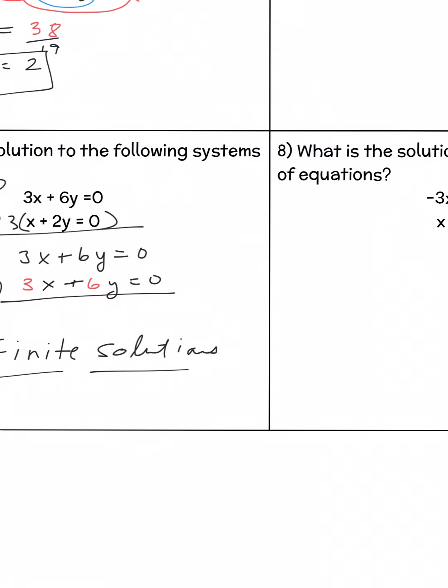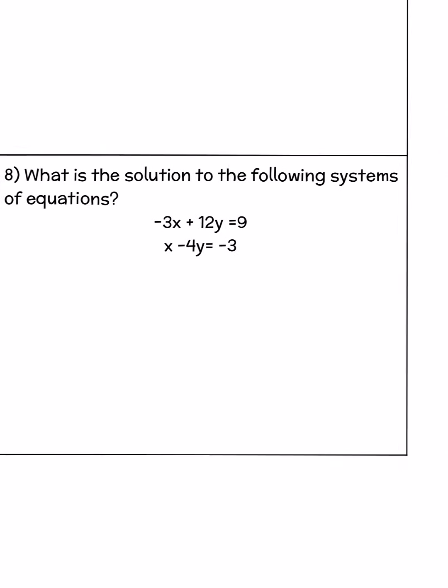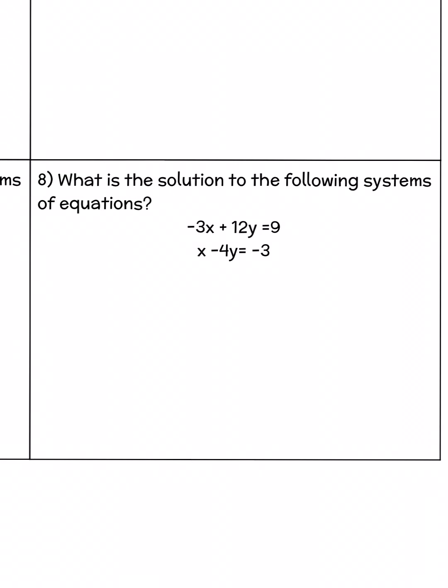I'm going to go ahead and do number 8 on this side. Check this one out. Now this one may not look so simple, but if I multiply the bottom equation by negative 3, then the top equation stays the same because I didn't do anything to that.